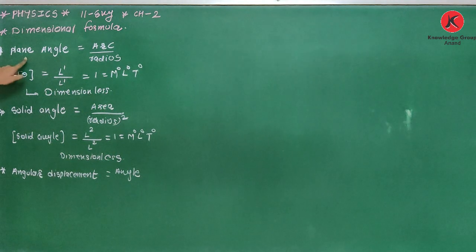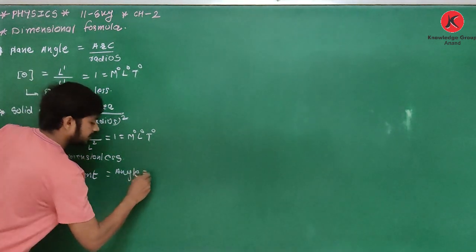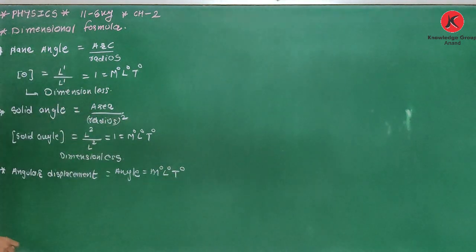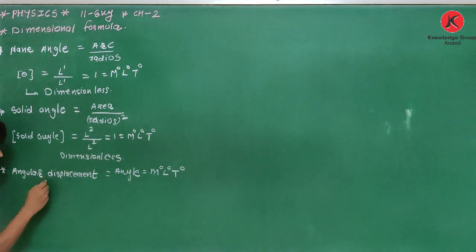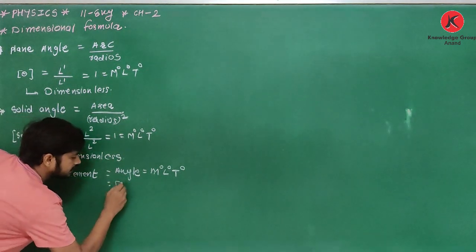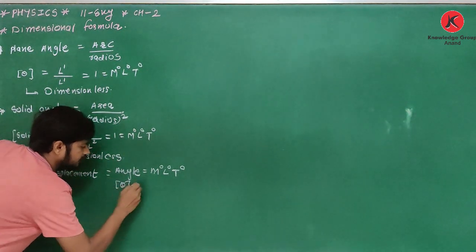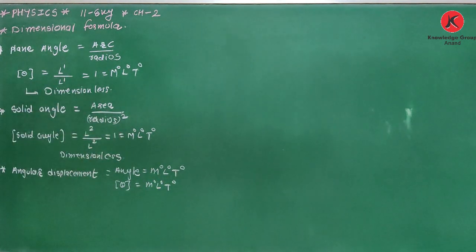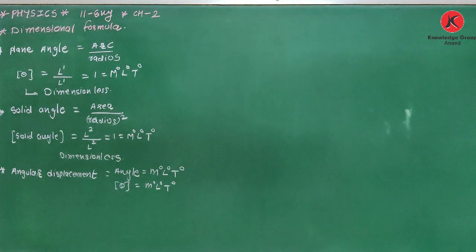And what is the dimensional formula of angle? It is M0, L0 and T0. Its dimensional formula is M0, L0 and T0. Clear about this? This point you have to remember.